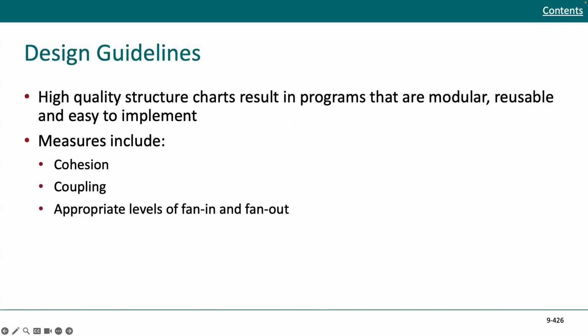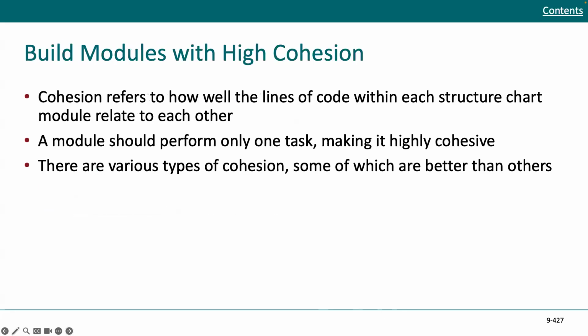So what are some design guidelines? High quality structure charts result in programs that are modular, reusable, and easy to implement. The measures will include cohesion, coupling, and appropriate levels of fan out and fan in. So we want to be looking to build modules with high cohesion.